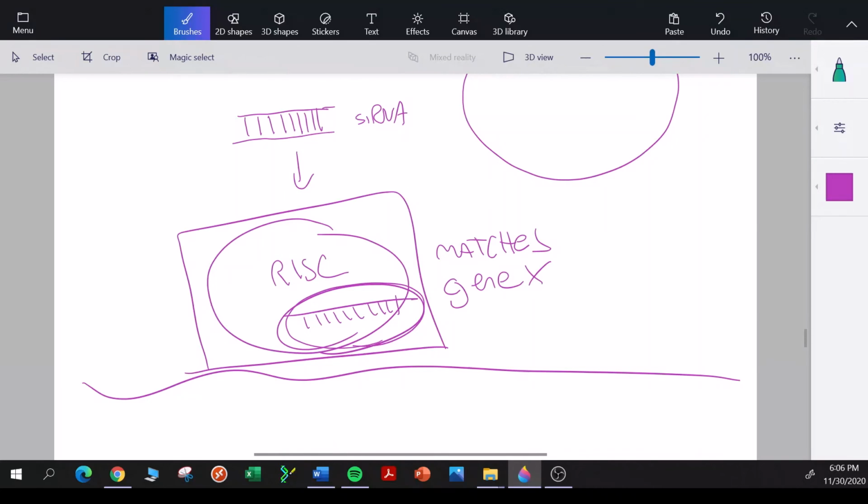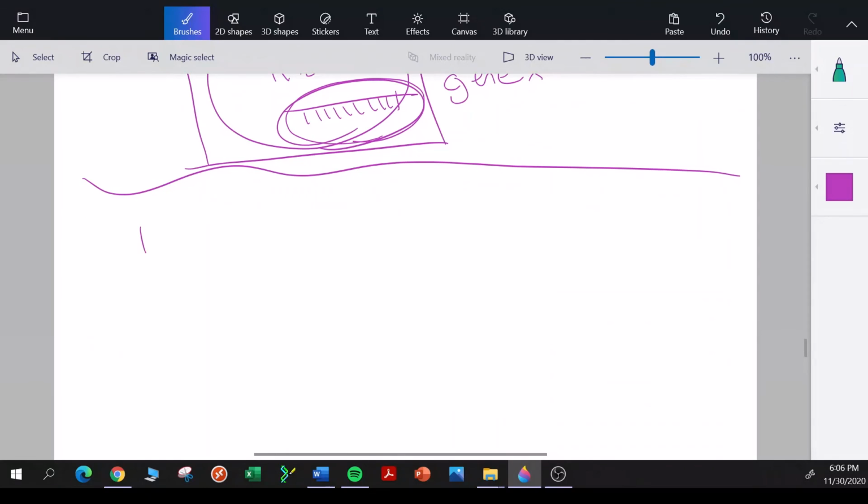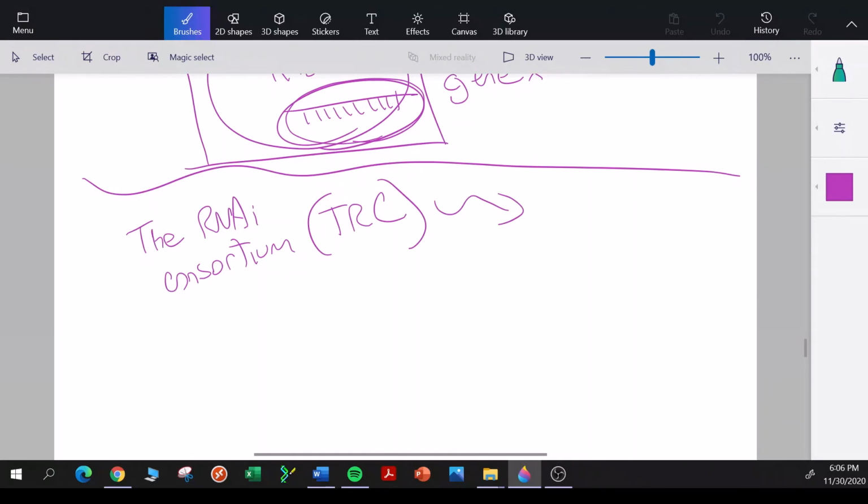So one of the nice things, if you work with mammalian cells, is there is a group called the RNAi Consortium, so TRC, that has already made lentiviral particles that you can order for essentially any gene in the human genome or any gene in the mouse genome.